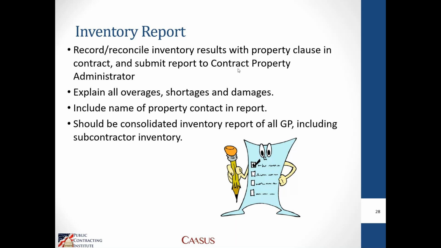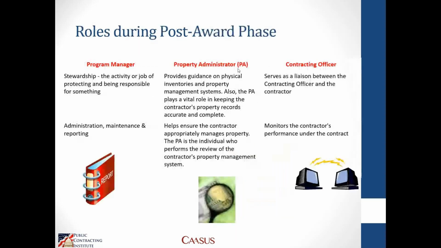So we talked about receiving government property, property that can be in subcontractors' possession and how that works. We talked about doing inventories. We talked about reporting. There are different roles for the government and contractor during this post-award contract lifecycle maintenance and administration phase, during the execution of your actual contract.